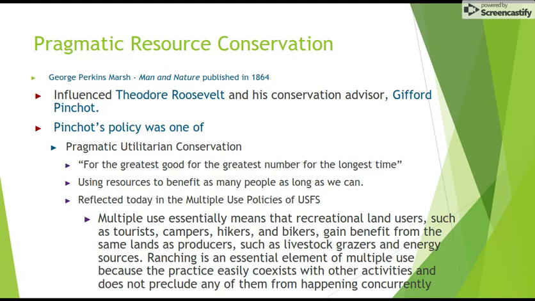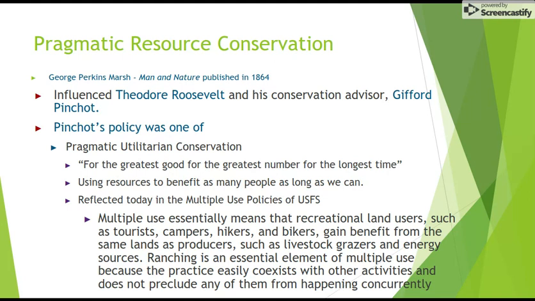So here in pragmatic, we're looking at this as these things exist for humans and we're going to use them, but we need to manage them as we use them. And so we look at multiple use policies in the United States Forest Service.